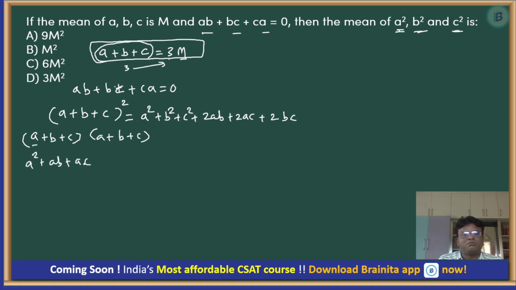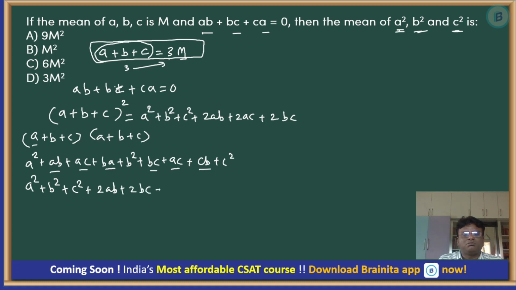If you multiply by B, you get BA plus B square plus BC. If you multiply by C, you get AC plus CB plus C square, which is nothing but A square plus B square plus C square plus AB and AB, AC and AC, and BC and BC, so 2AB plus 2BC plus 2AC.